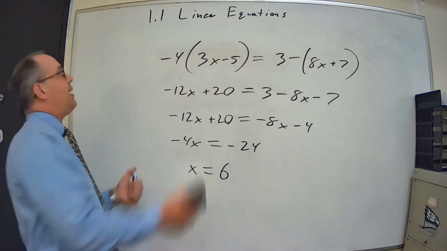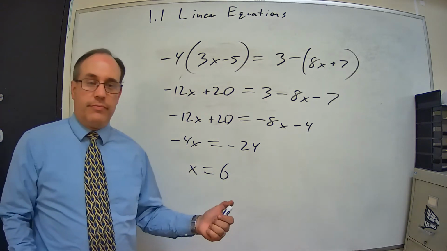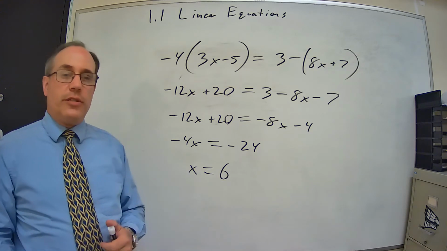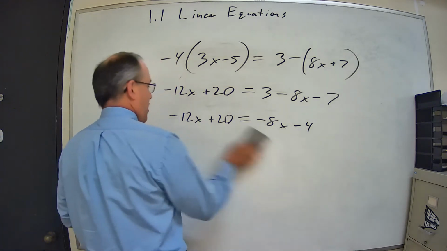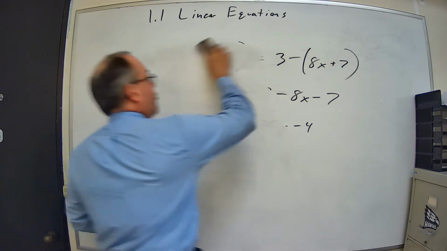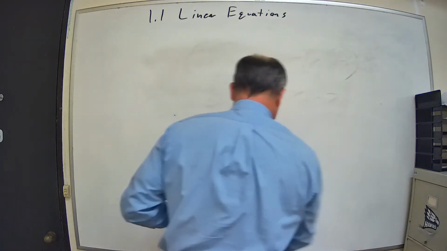Now, when we're finding solutions to these linear equations, there are a few things that can happen. The first is we can have an identity.